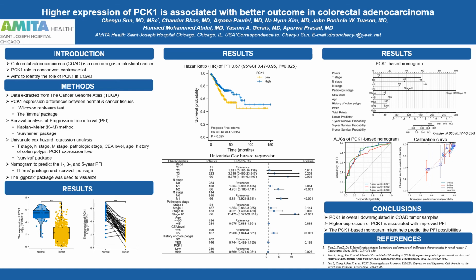However, higher expression of PCK1 in certain patients is associated with improved PFI, and the PCK1-based nomogram developed by this study might be helpful in predicting the PFI outcomes for patients with colorectal adenocarcinoma.